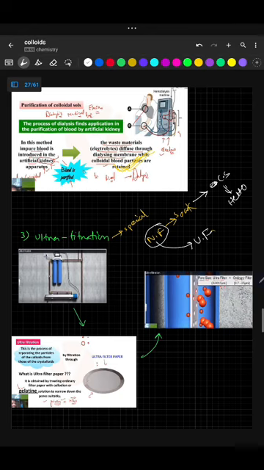To get your colloidal solution back, you scrape the particles off the paper and stir them into a fresh dispersion medium again. That's how you get the purified colloid.